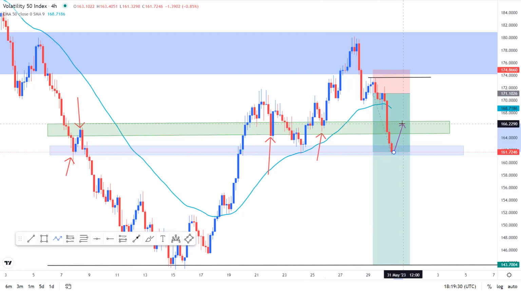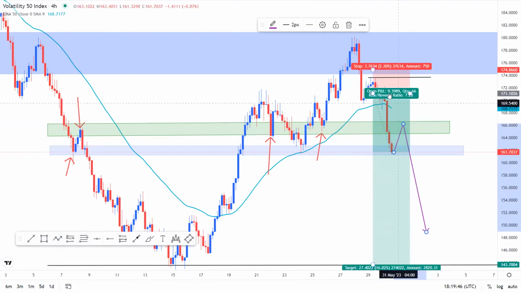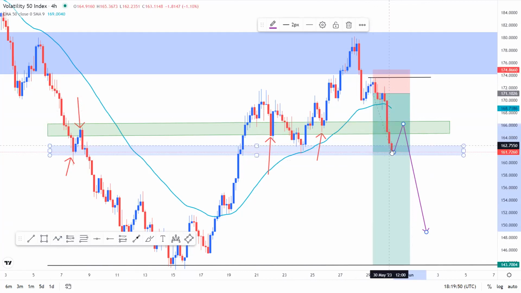So we would consider this level as one of the levels to potentially look out for selling opportunities also. What then if price takes out this level? Because we have this price range, as long as price stays below this level, we are still very much in a downtrend.